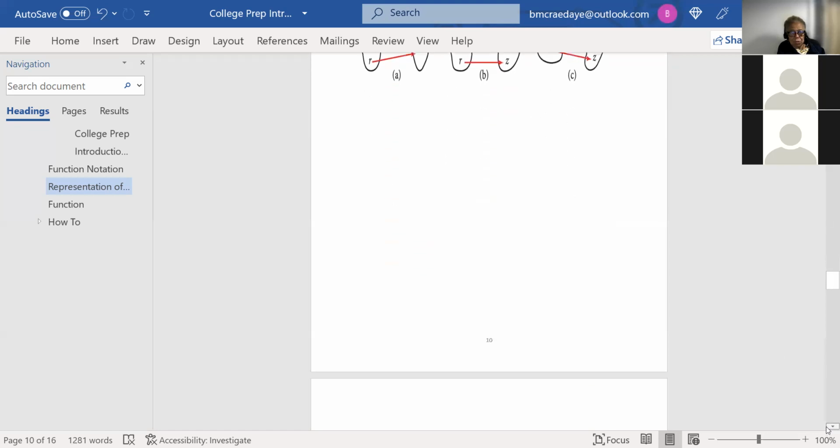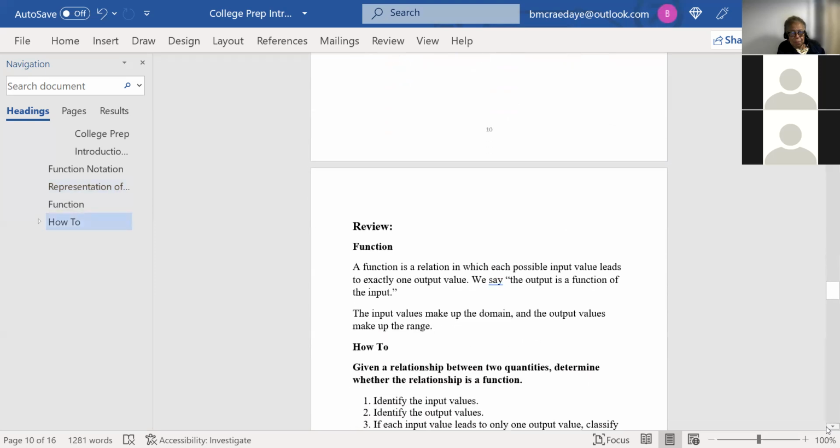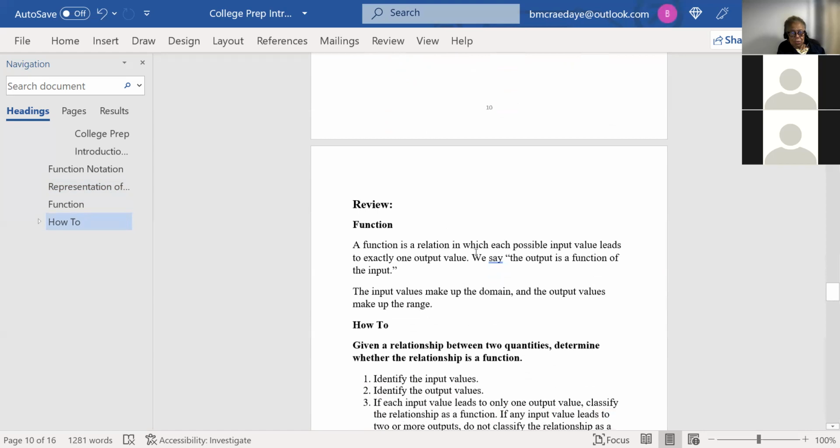Now let's go to review. A function relation: each possible input value leads to exactly one output. Okay. We say the output is a function of the input.